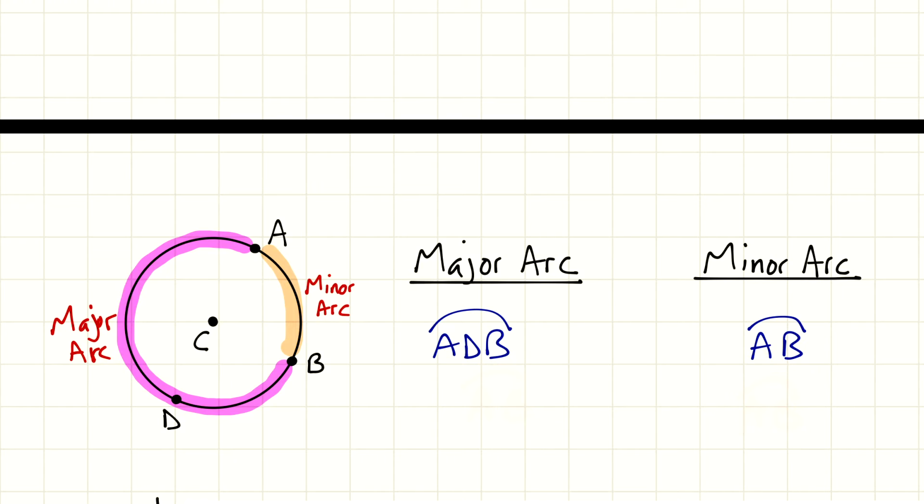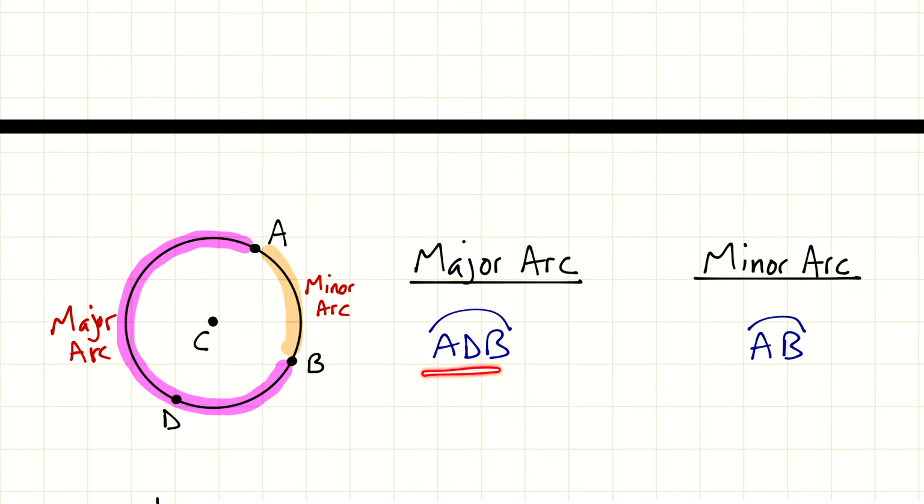So you'll notice with the minor arc, we use the two letters, A to B, but with the major arc, I use three letters. This tells me that when I go from A to B, I better make sure I get to D first. So there's no way I cross D unless I go this other way. A, D, B, which tells me this is the major arc.